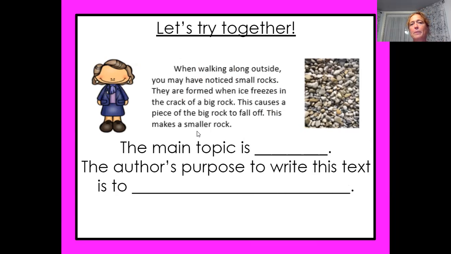Okay, so the main topic is how small rocks are formed. And the author's purpose is to explain to us how that happens. So they are telling us that they are formed when ice freezes in the crack of a bigger rock.